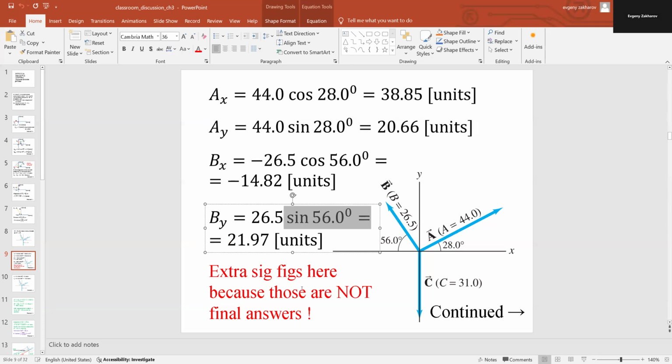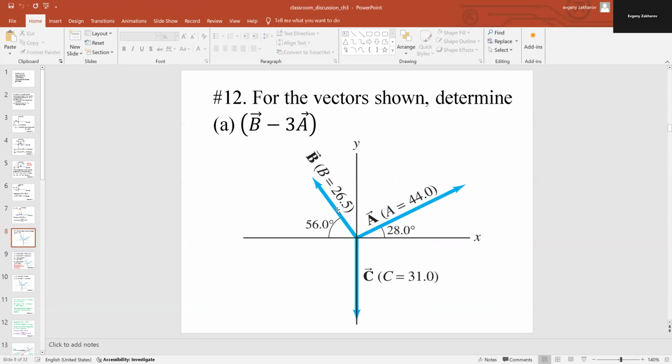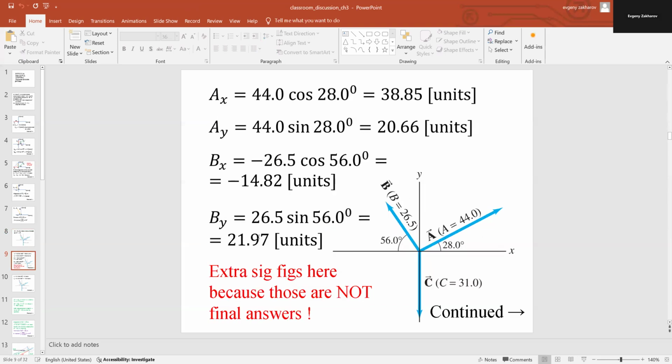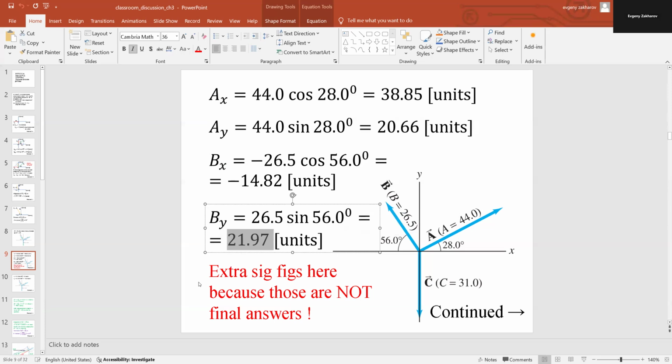And see, I'm keeping extra sig figs here. The amount of sig figs is 3, and I'm keeping 4 sig figs because it's not the final answer, and I don't want my error to propagate. So I'm keeping 1 or 2 extra sig figs for intermediate calculations. Okay? B sub x and B sub y, A sub x, A sub y, they are not final answers.